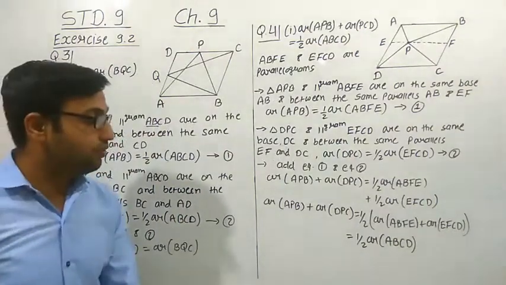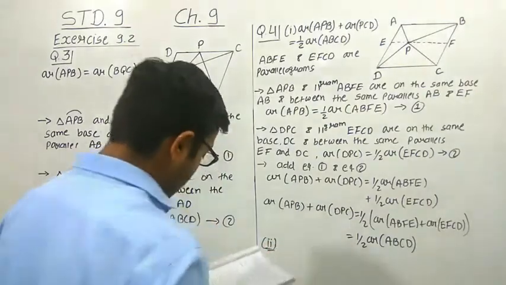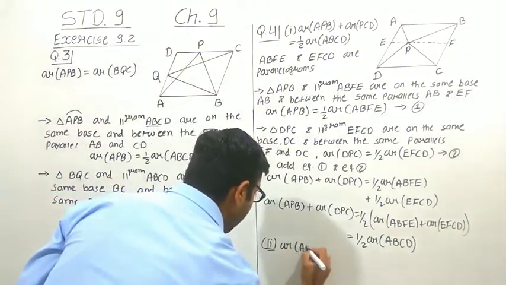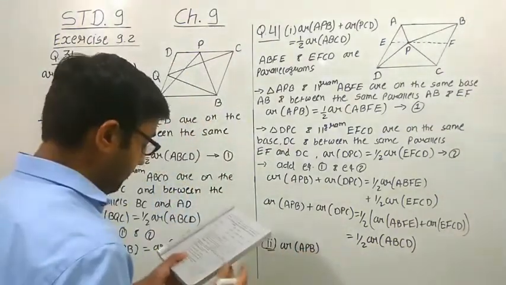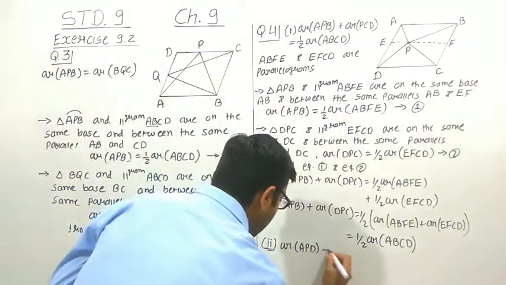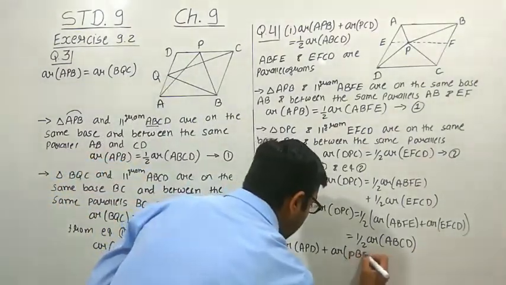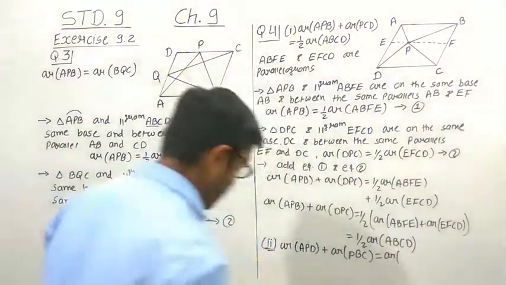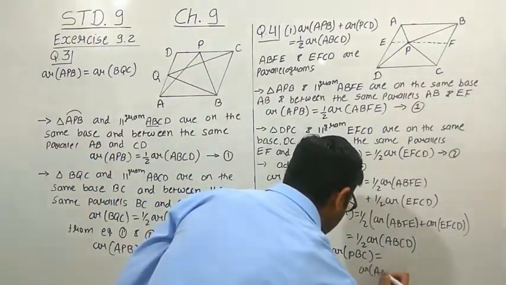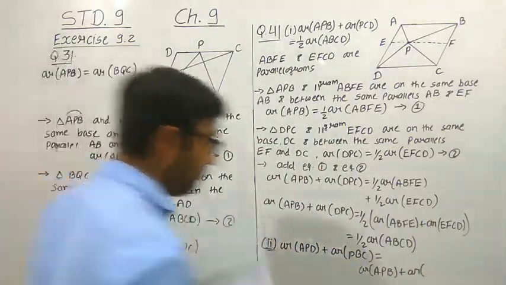Now the second result we have to prove is that area of APD plus area of PBC is equal to area of APB plus area of PCD.